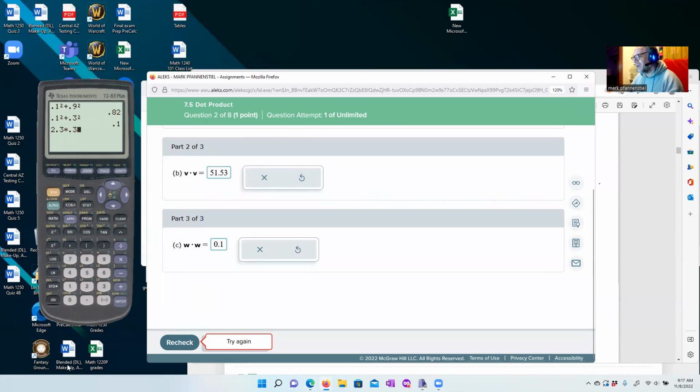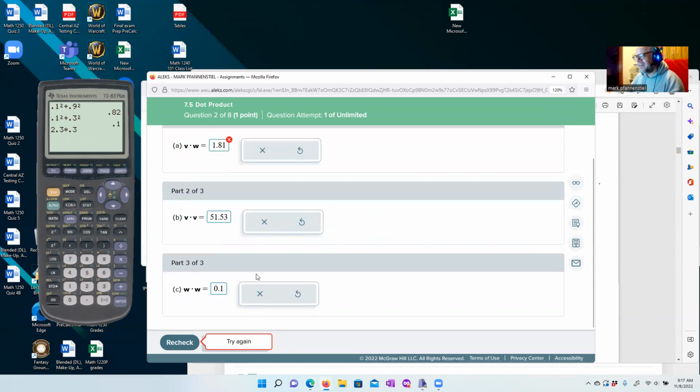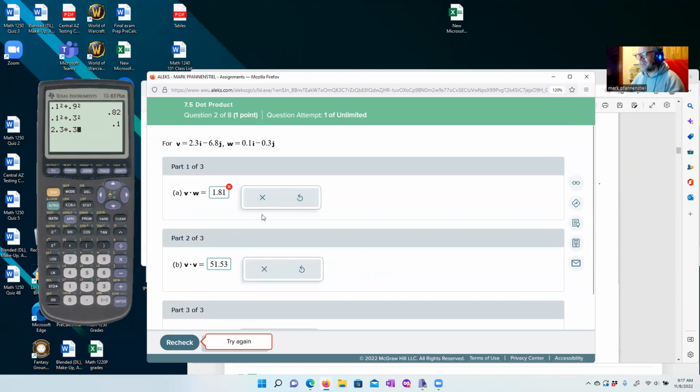Sometimes when you turn things around, they're not even defined, so you have to be careful with that a little bit later in your life. But for dot products, they're pretty tame. So we have 2.3 times 0.1, and I see that's why.